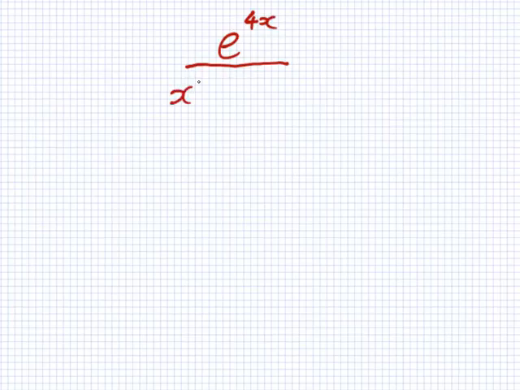Okay, what's on the top? e^4x, and on the bottom, x cubed cos x.